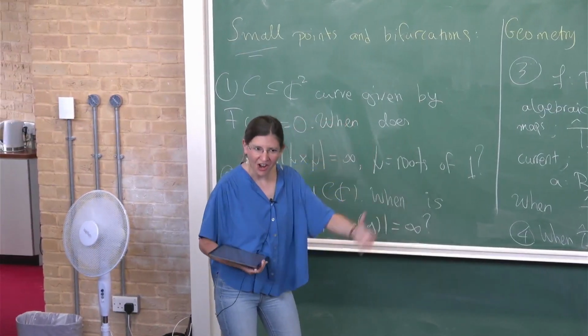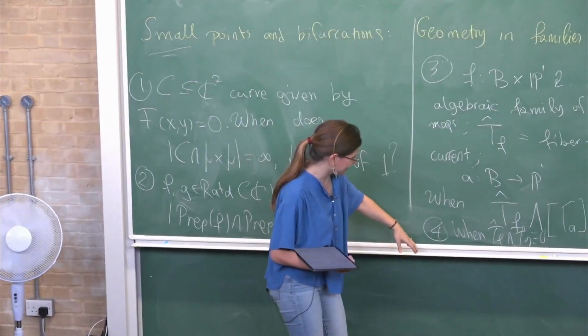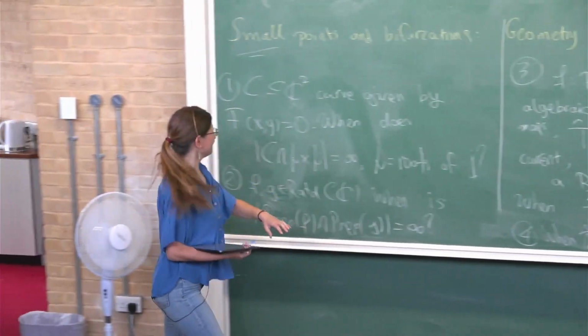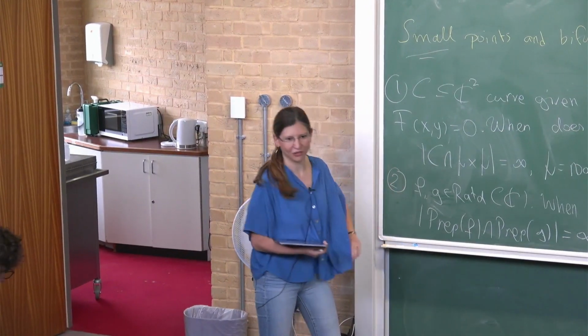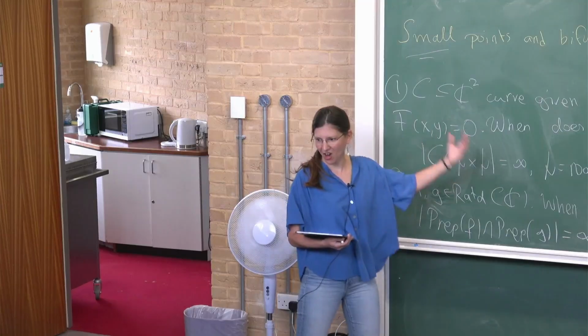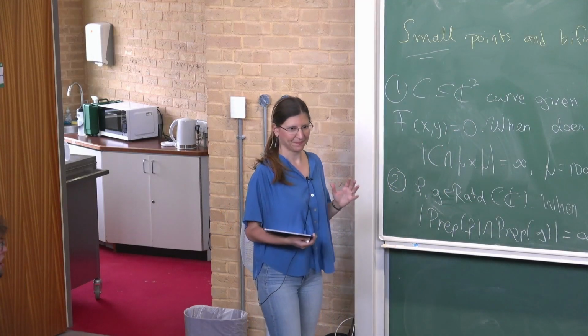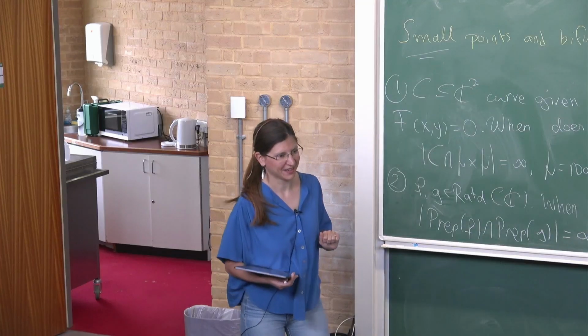And then also how maybe we can use the answer to the fourth question to get a refined answer to the second question and to understand better the geometry of maps that share infinitely many common preperiodic points.